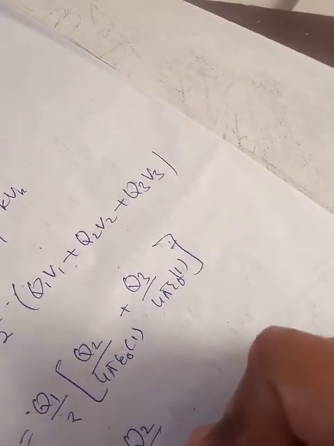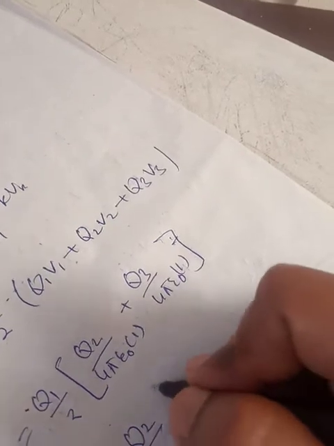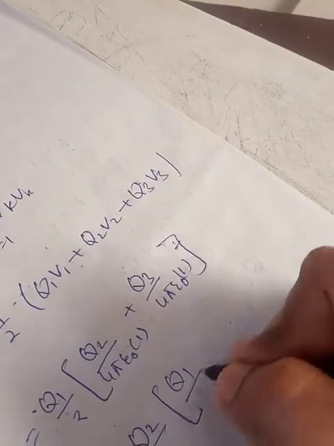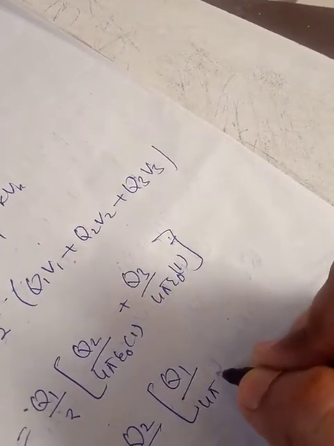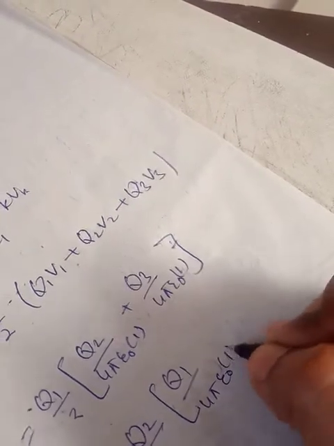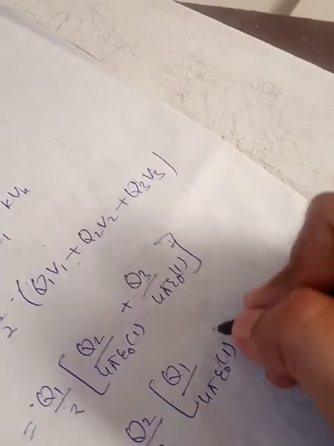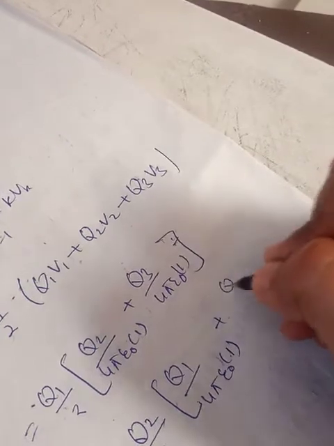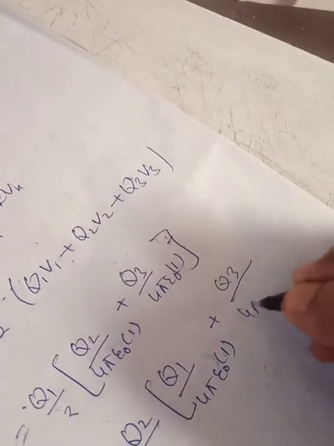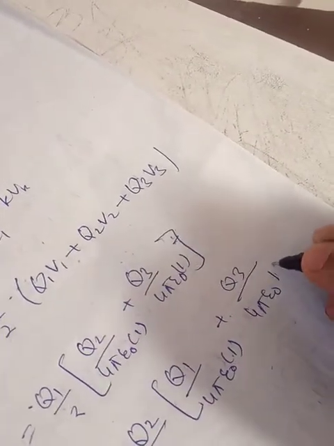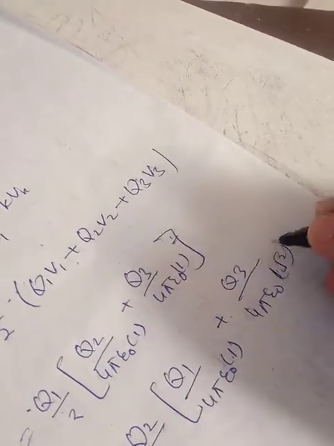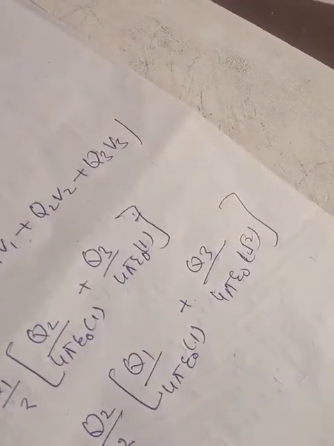Q2 by 2 times Q1 upon 4 pi epsilon 0 bracket 1, this is the distance actually of the Q1 charge, plus Q3 upon 4 pi epsilon 0 bracket root 2.